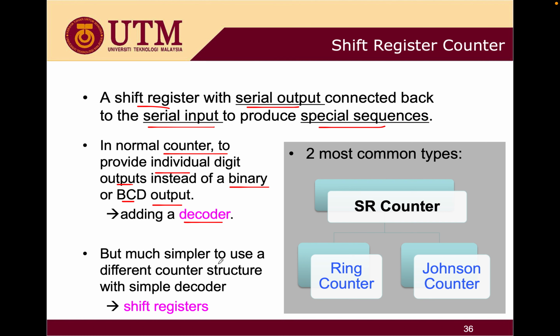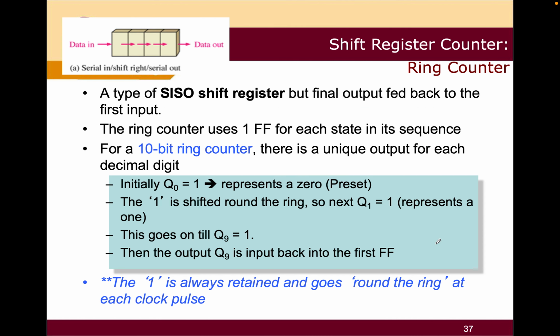But it is much simpler to use a different counter structure with a simple decoder, which is a shift register. So shift register counters have two common types, the ring counter and the Johnson counter. We're going to look at the ring counter first, and after that the Johnson counter.